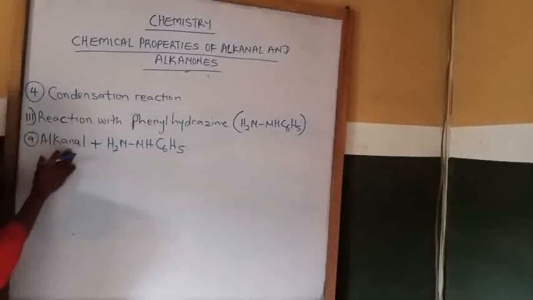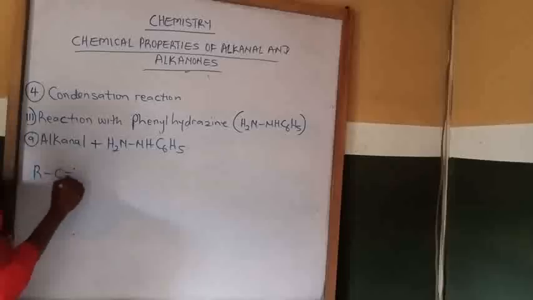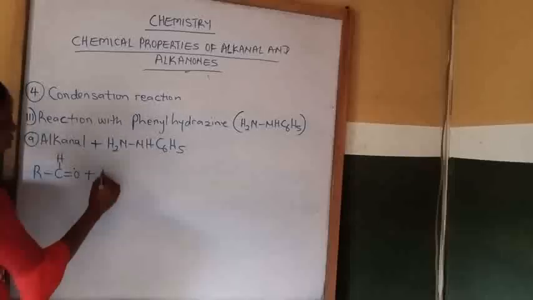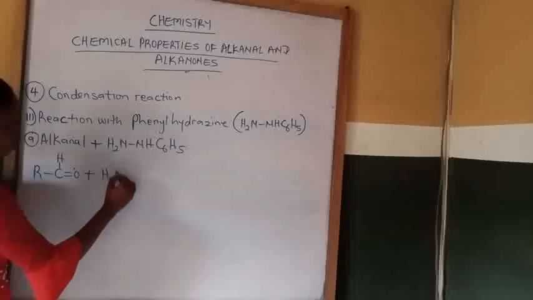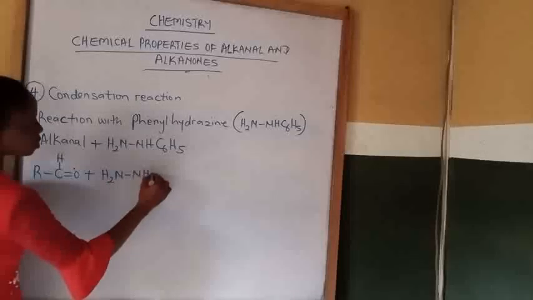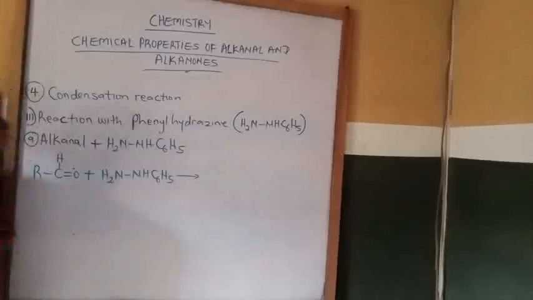So I'm going to use the general formula for alkanal first, that is RCHO plus your vinyl hydrazine, which is H2NNH C6H5.